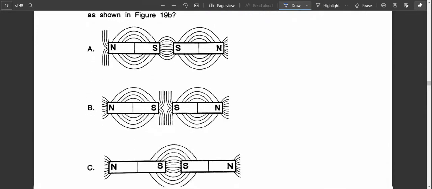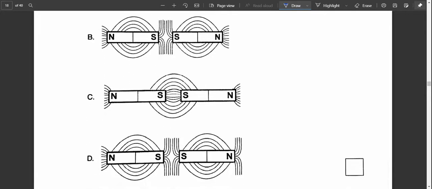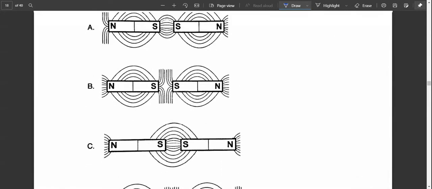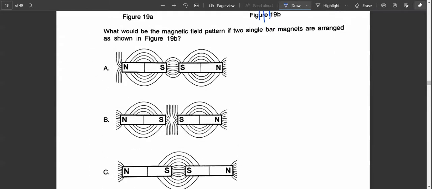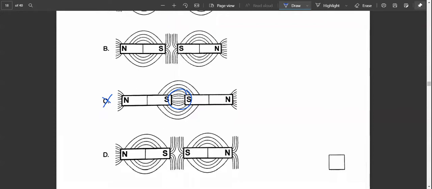So in these choices, you can see that two of them show repulsion, and A and C are showing attraction, so those are wrong, and B and D are correct, but the problem is here. If you look there, N is repelling.